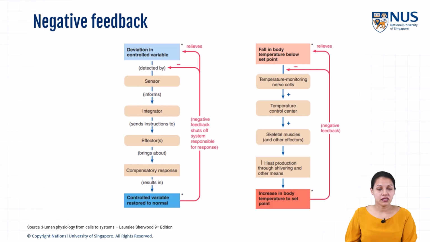For example, it sends signals to muscles to cause shivering. So these responses will bring the deranged variable, that is the temperature, back to normal. And once the temperature has normalized, signals will be sent to the sensors that the body temperature has normalized, and it will stop sending further signals to the integrators and the effectors. So the effect will be terminated.